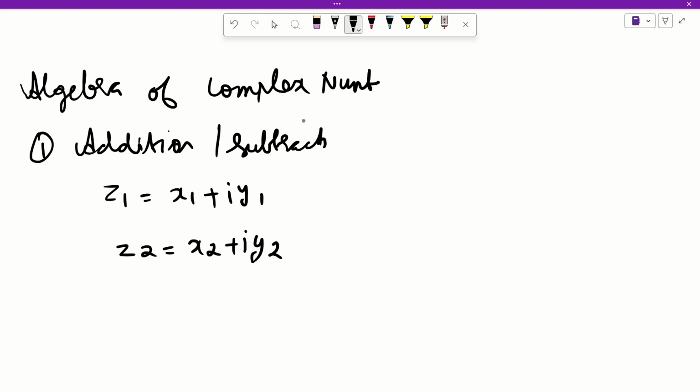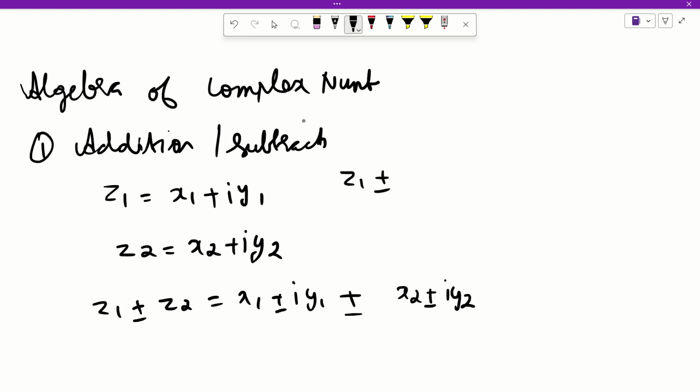Then Z1 plus or minus Z2 is equal to x1 plus or minus i y1 plus or minus x2 plus or minus i y2, plus for addition, minus for subtraction. Writing the real terms together, Z1 plus or minus Z2 is equal to x1 plus or minus x2 plus or minus i of y1 plus or minus y2. So this is the result.